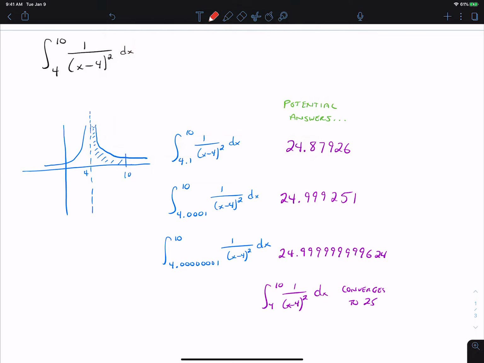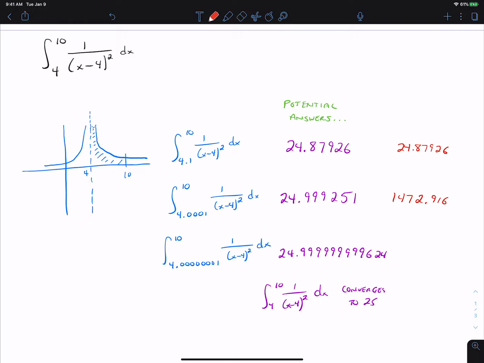Another possibility is that this could be 24.87926 still. Again, I'm making that up. But then when we add in this really thin strip, it's also so tall that it adds a lot of area. So maybe by now it's 1,472.916 or something along those lines.